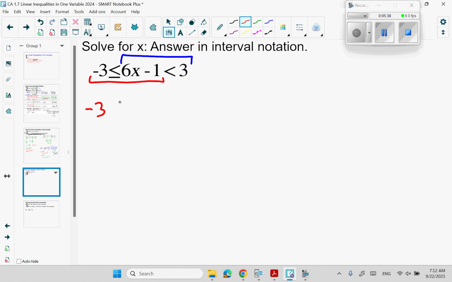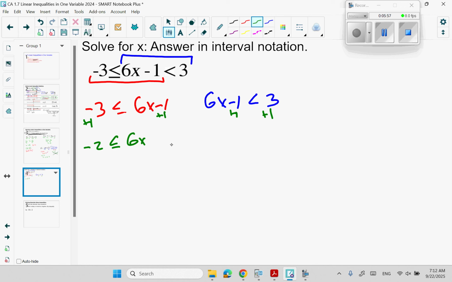So I would get negative 3 less than or equal to 6x minus 1, and 6x minus 1 less than 3. The nice thing about this is the steps are going to be the same, so I'm going to add 1 everywhere. So we get negative 2 less than or equal to 6x, 6x less than 4, divide by 6, divide by 6, divide by 6, divide by 6.